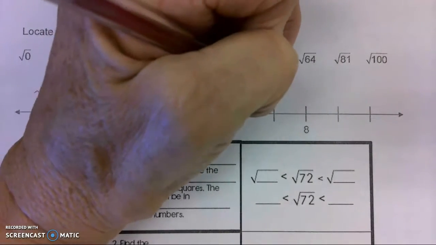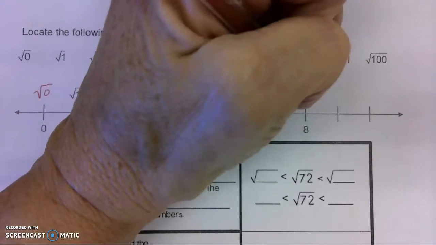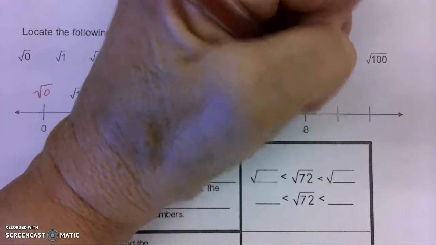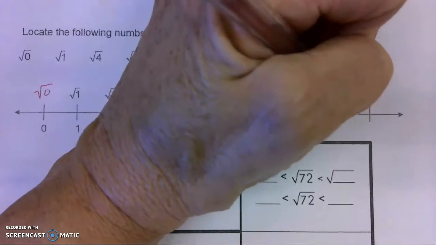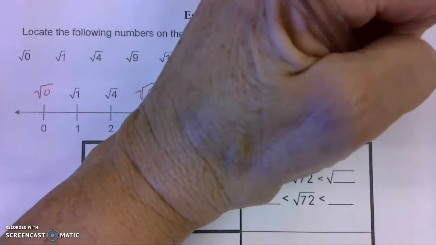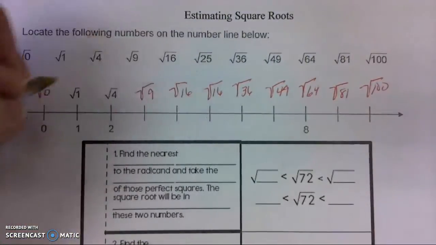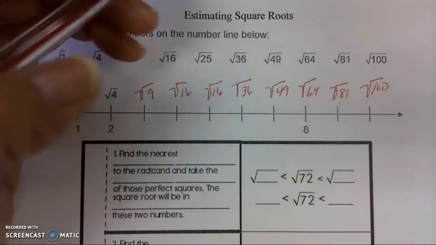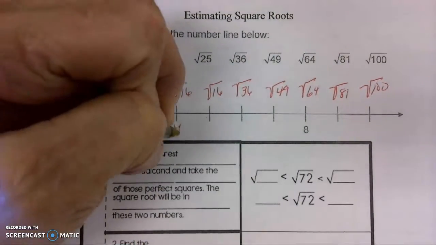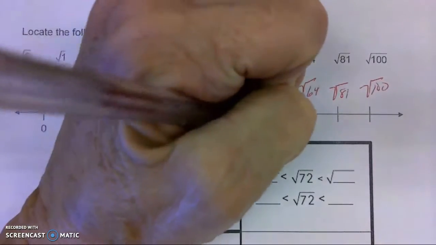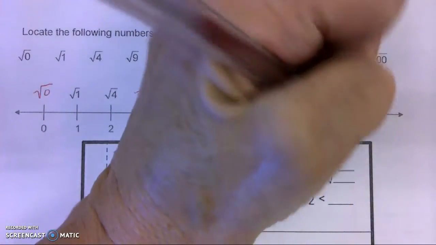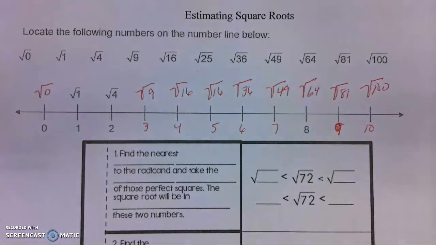We're going to go ahead and fill in all the square roots first, and squares. Okay, and then notice along the bottom I'm going to do my square roots. Okay, so there are all of my squares, and then there are all of my square roots.